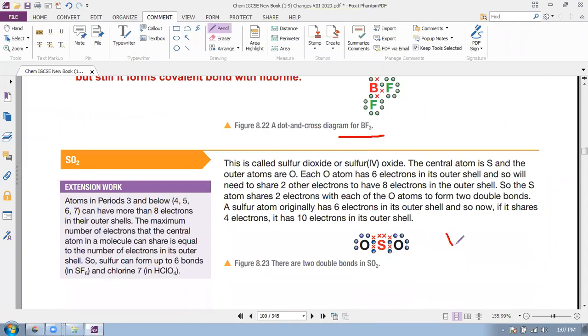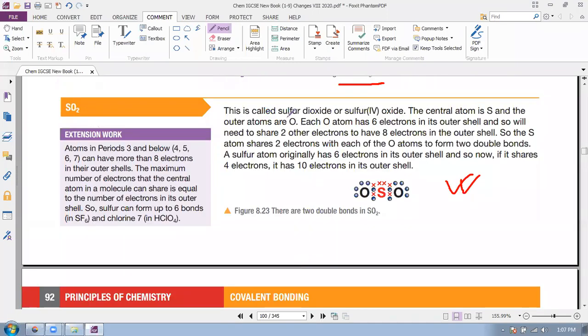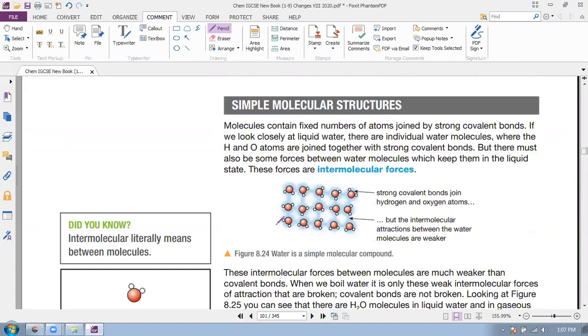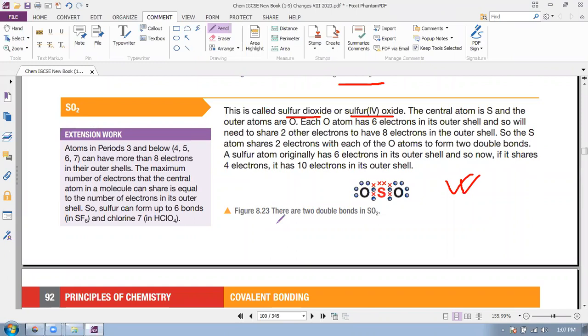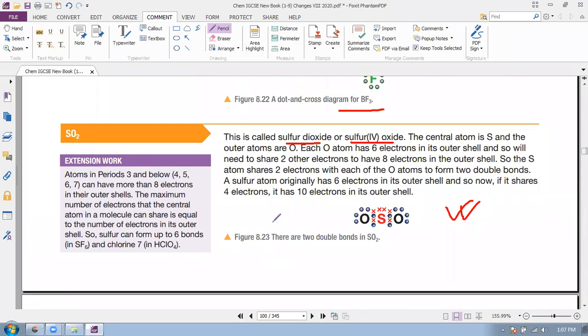Then look at this sulfur dioxide, another example of dot and cross diagram. Sulfur oxide is called sulfur dioxide, or it can be said sulfur 4 oxide, no problem. So this is all about the dot and cross diagram of covalent bonds, and this is called the central atom.